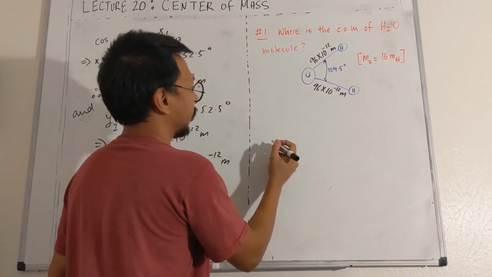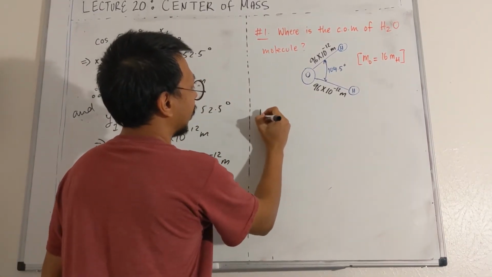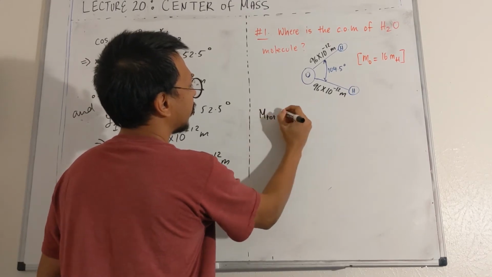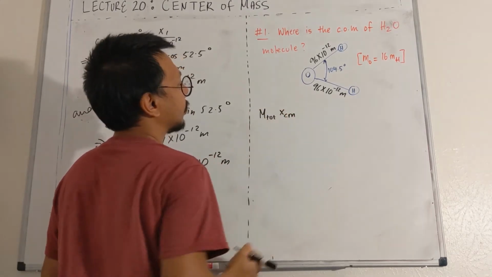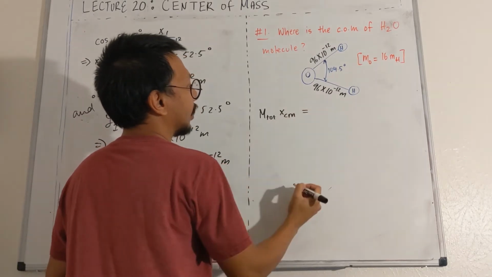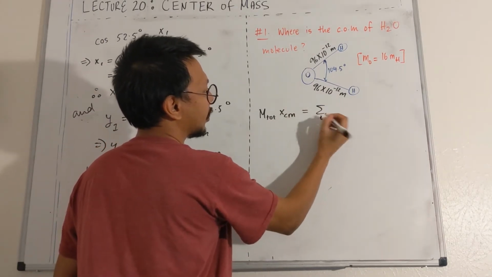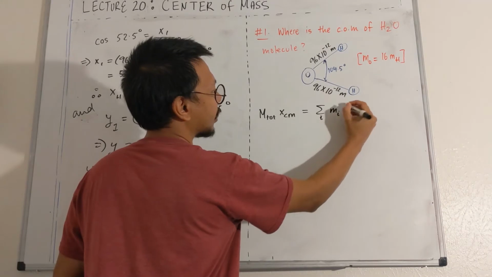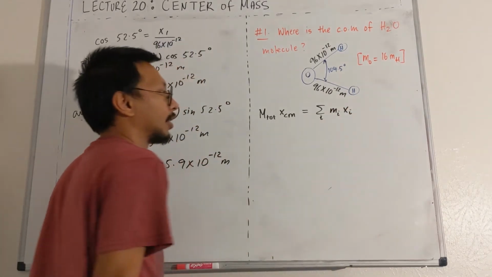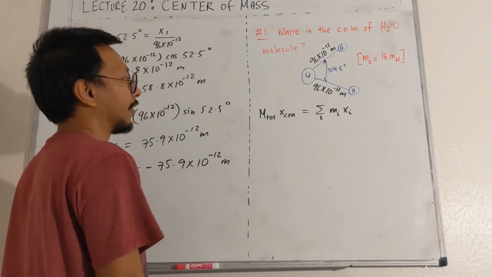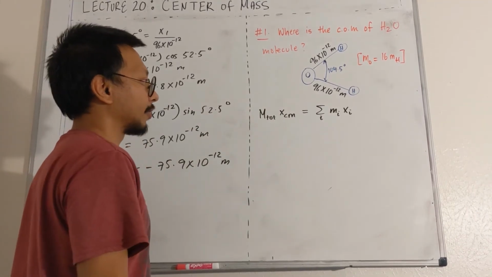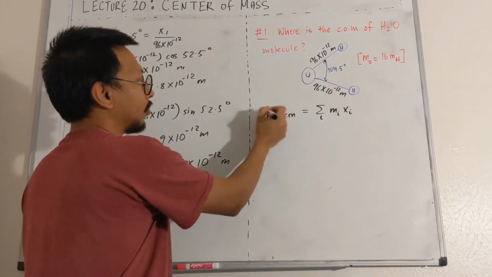Remember what our definition was. It was the total mass times the x position of the center of mass equal to the summation of each of the separate masses times their separate coordinates, x coordinate in fact, for the x center of mass position. Now what is the total mass of the system?